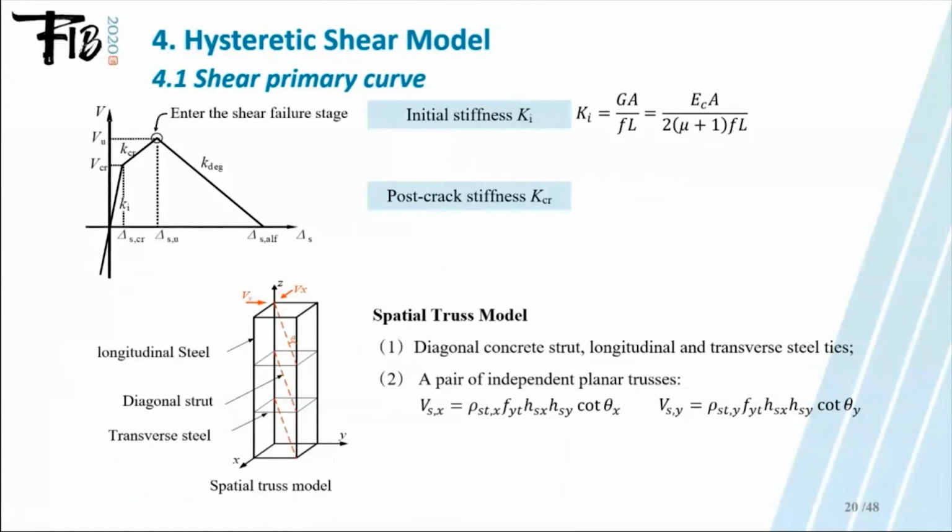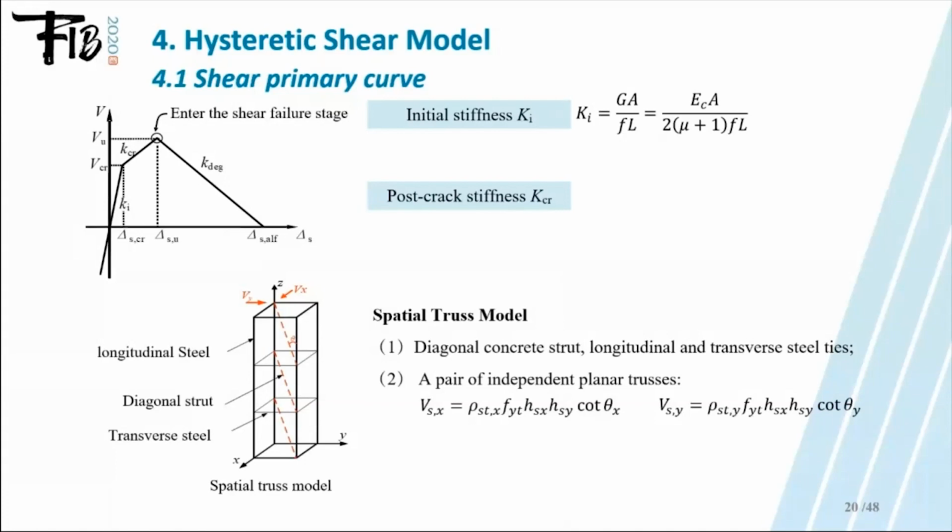The shear primary curve was the envelope curve for the hysteretic relationship and was modeled as a trilinear curve including the shear cracking point, shear strength point, and the collapse point.